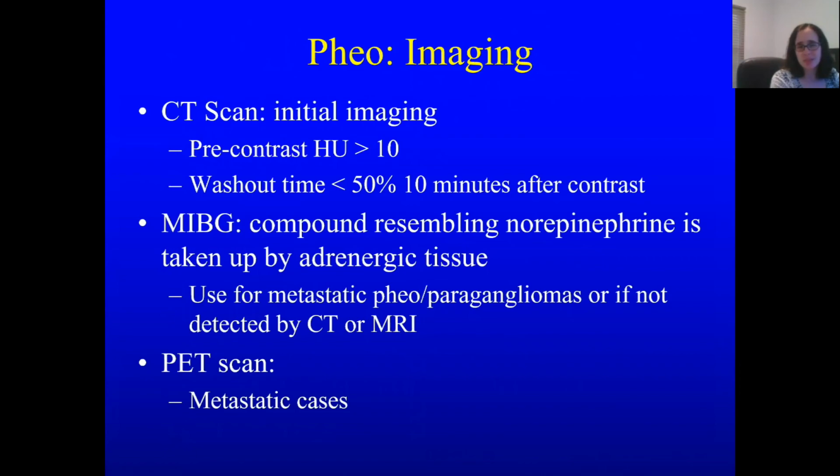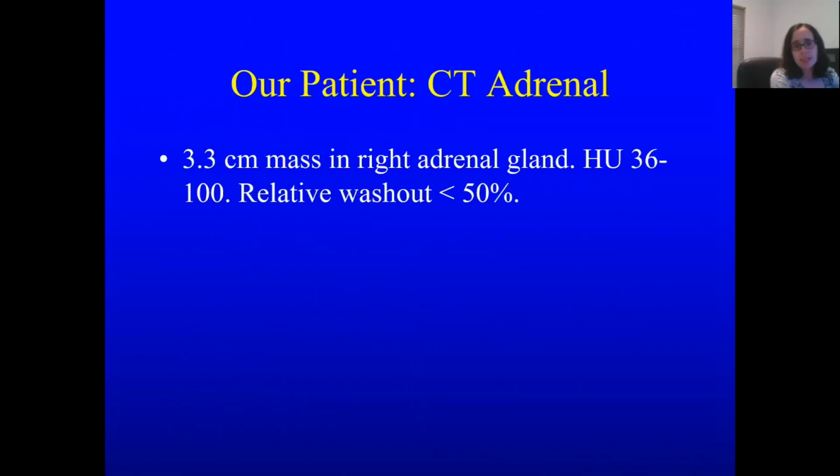We don't use this as much, only if we suspect a metastatic Pheo or a metastatic paraganglioma, or if you know someone has a Pheo, or abnormal labs but it's not showing up on CT or MRI of the adrenal glands, we'll use that. And then oftentimes a PET scan in metastatic cases. So my patient had a 3.3 centimeter mass in the right adrenal gland, Hounsfield units of 36 to 100 with a low washout.